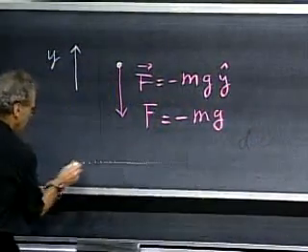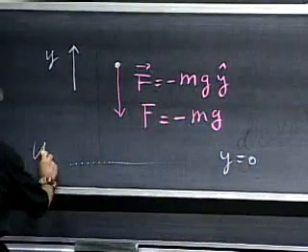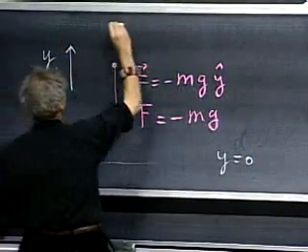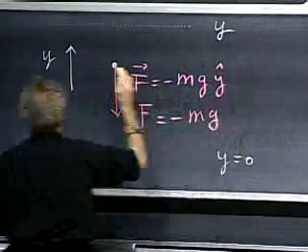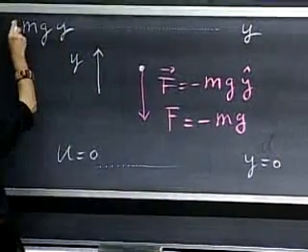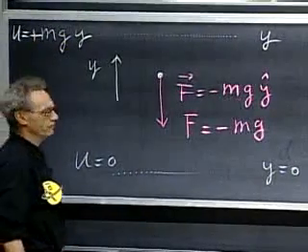If this level here is y equals 0, I could call this gravitational potential energy 0, and this is y, then the gravitational potential energy here equals plus mgy. This is u.